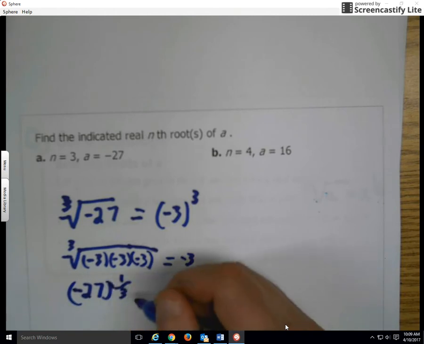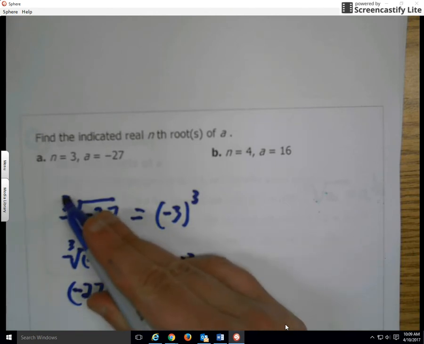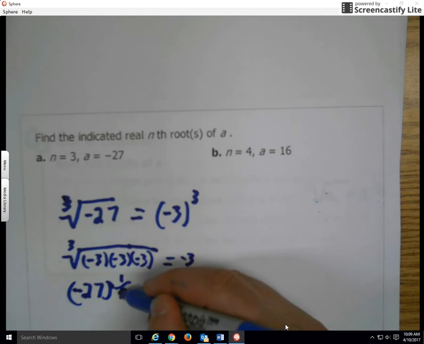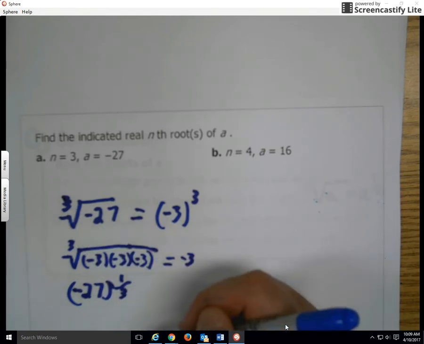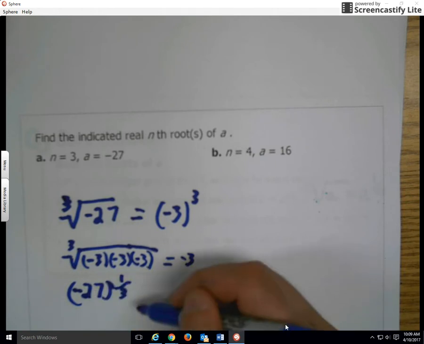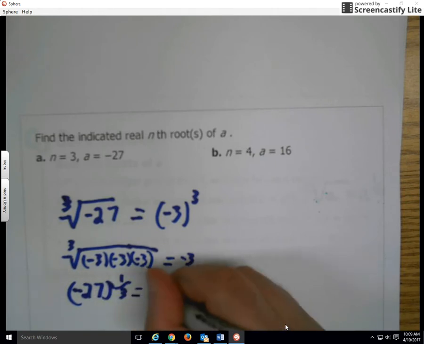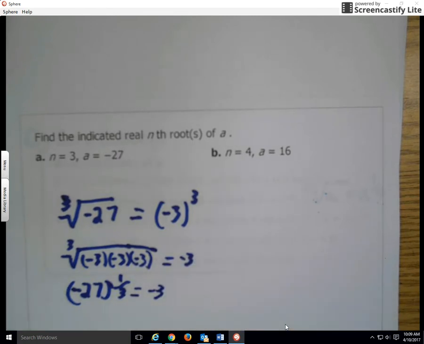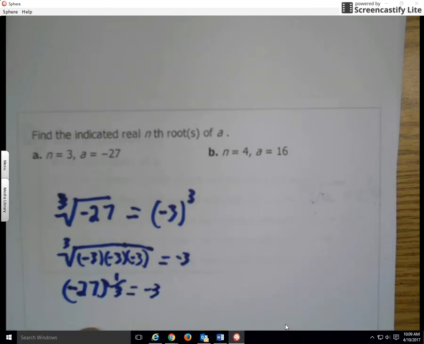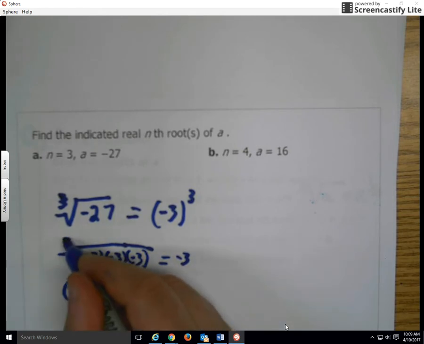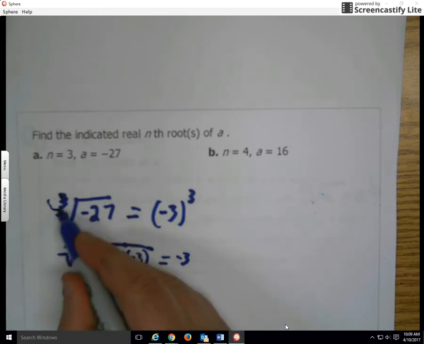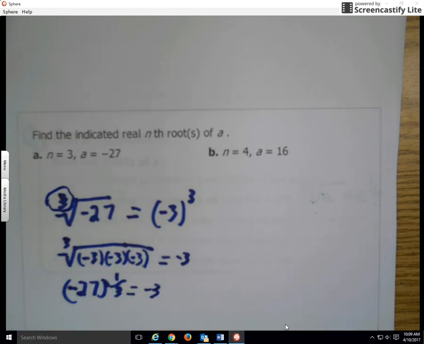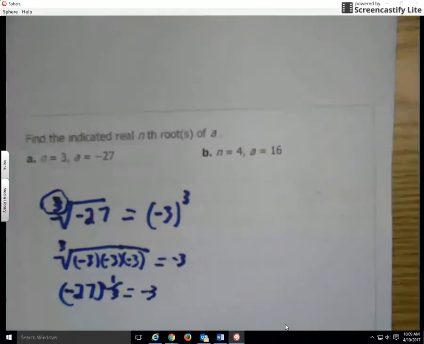Notice what we did here. The 3, that's the index of the cube root, is what goes in the denominator of the fraction, right? So that would also, of course, be the same answer, negative 3. Okay, so that's if the n is an odd number. That's the first rule.